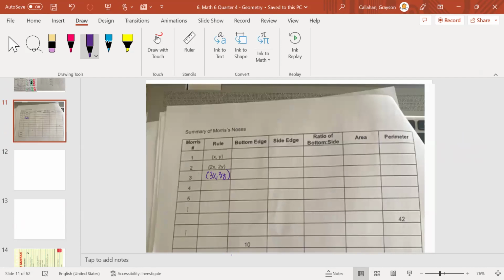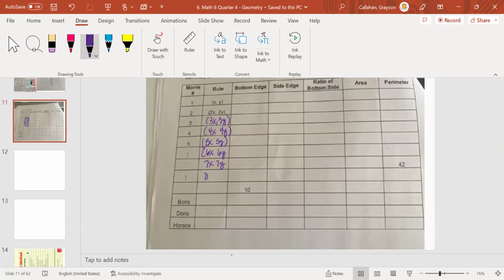Was there a Morris 4 or no? Well, if you had to make a guess, Morris 4 will be, what do you think it's gonna be? 5x. Okay. So the rules will be like this. Boris had 3x comma y.